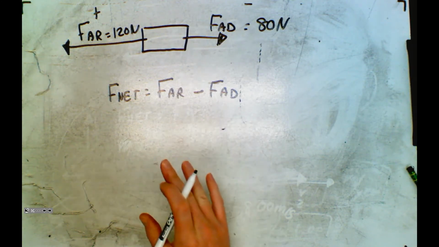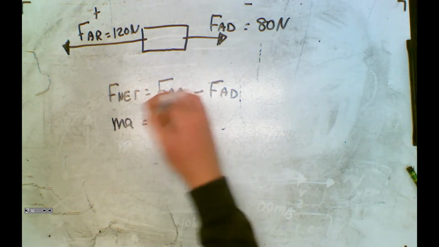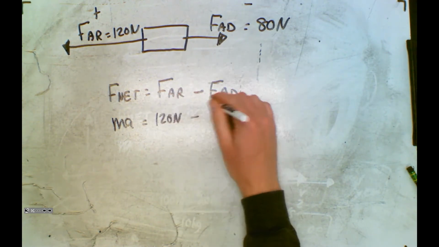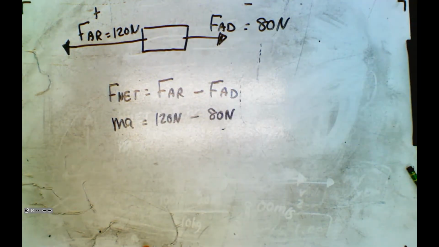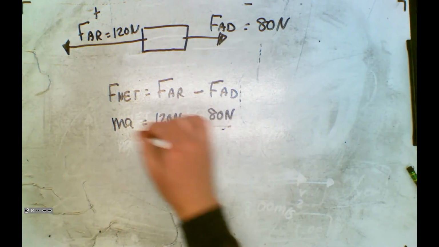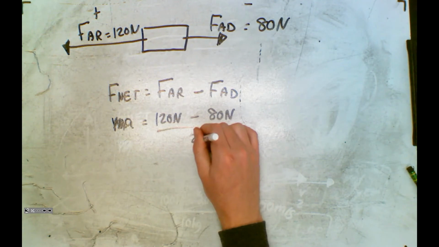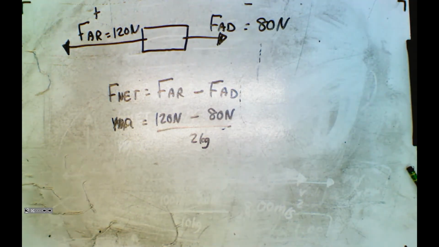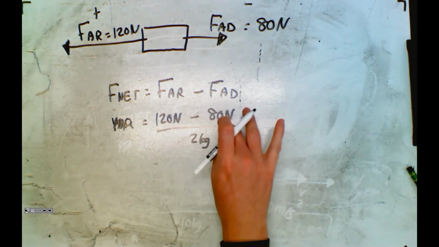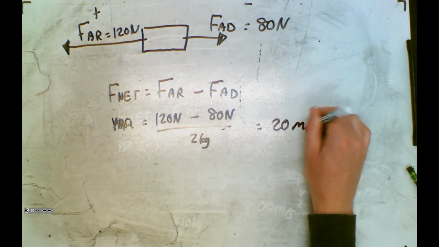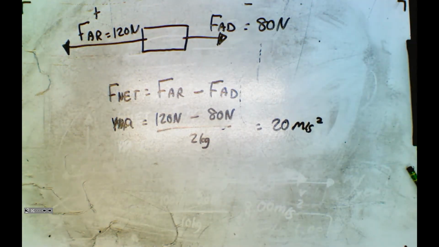I'm trying to find acceleration, so I can break this down into ma. Force applied by Rick is 120 newtons. Force applied by Dwayne is 80 newtons. And if I move mass down here, the mass of the rope is 2 kilograms down there. So 120 minus 80 is 40, divided by 2, which means 20 meters per second squared is the answer.